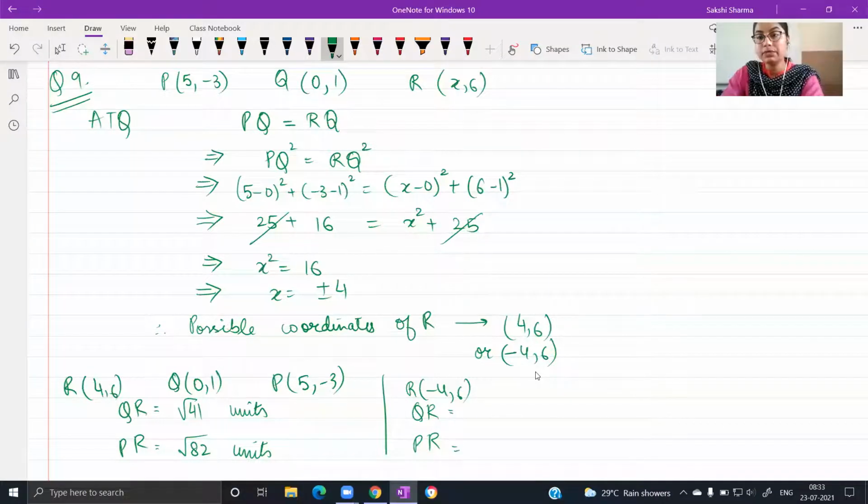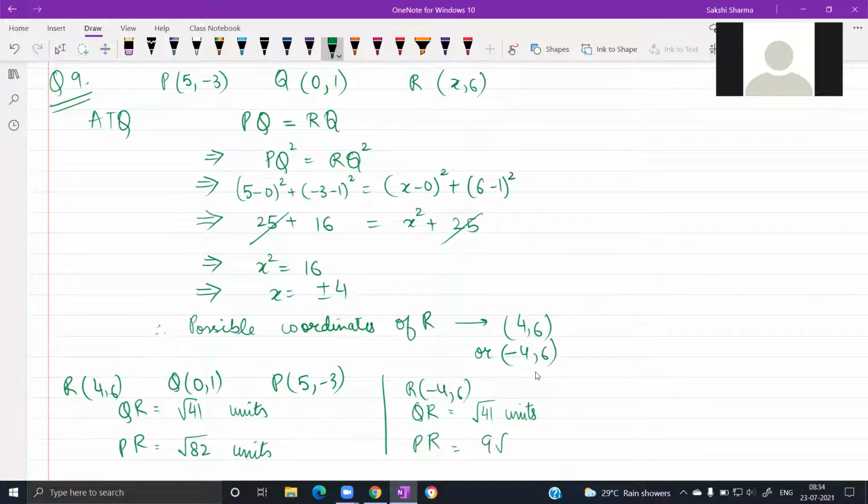On the other side, if we take R as -4, 6, the distance QR is again root 41 units. And what about PR? 9 root 2 units.